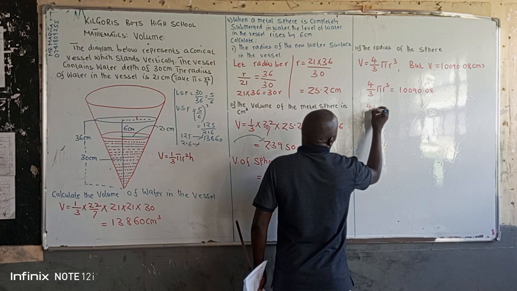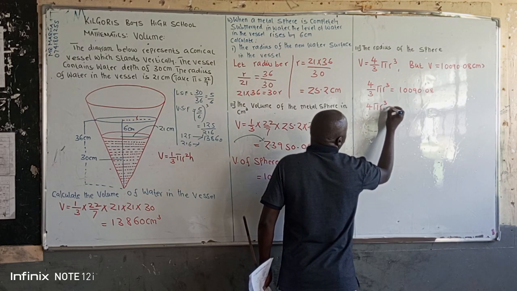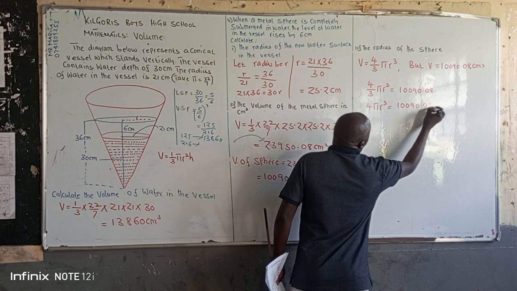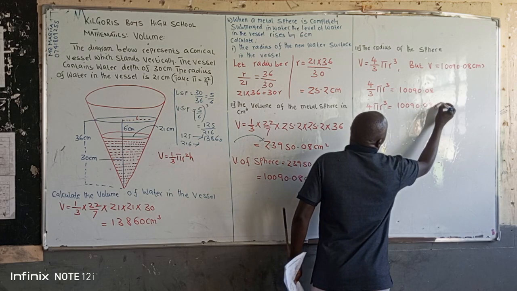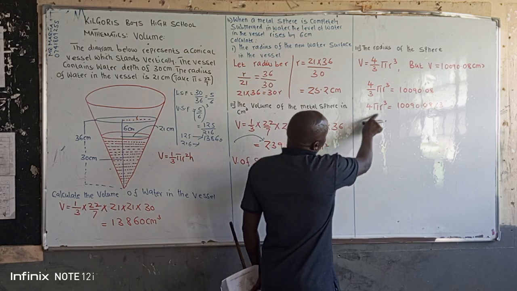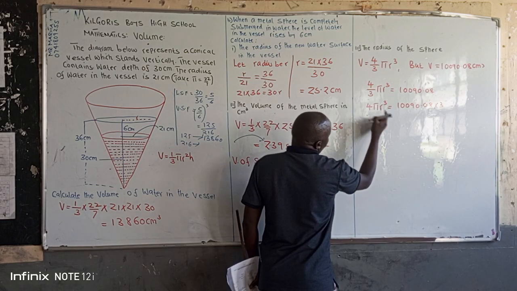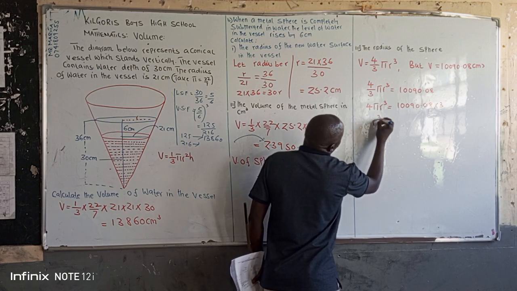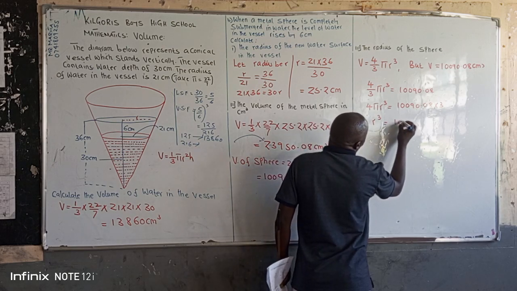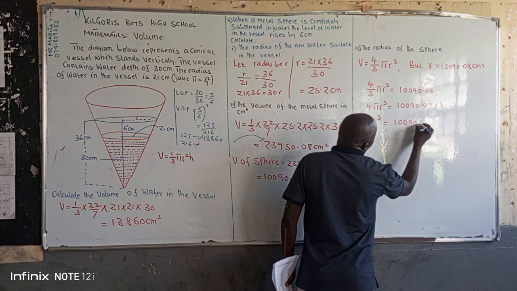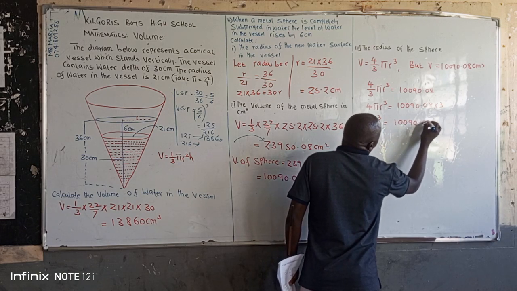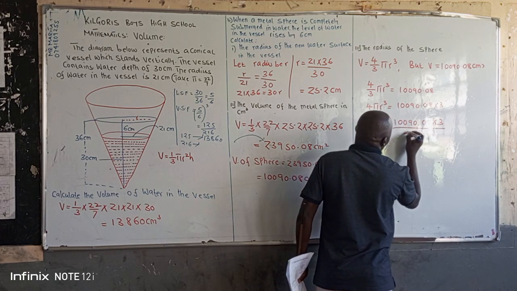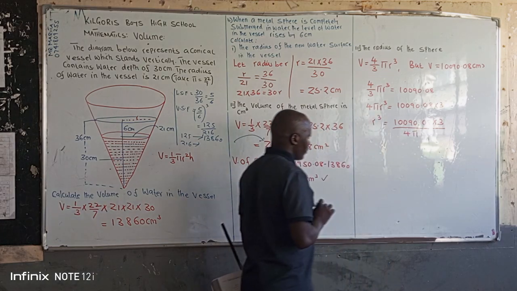From there, multiply both sides by 3. So we have 4 pi r cubed equivalent to 10,090.08 multiplied by 3. To get the radius, r cubed is equivalent to 10,090.08 multiplied by 3, then you divide by 4 pi.